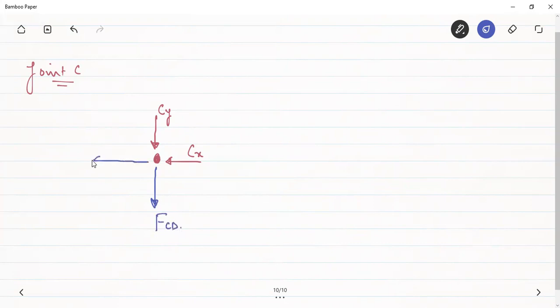And I'm assuming that all the members are in tension, therefore this is the force in the member BC.